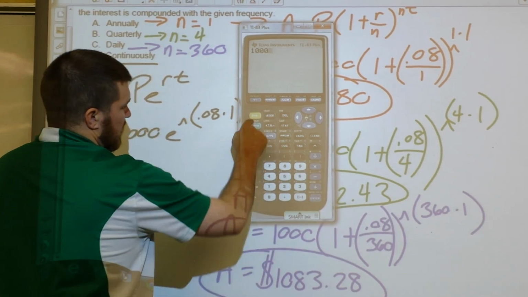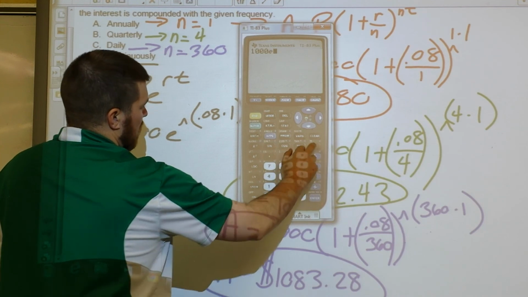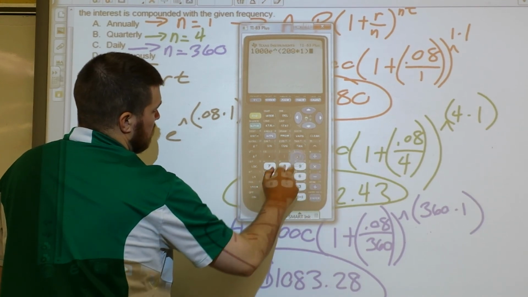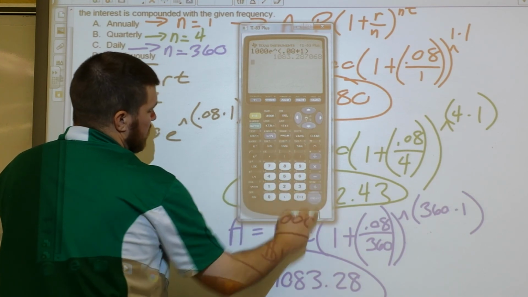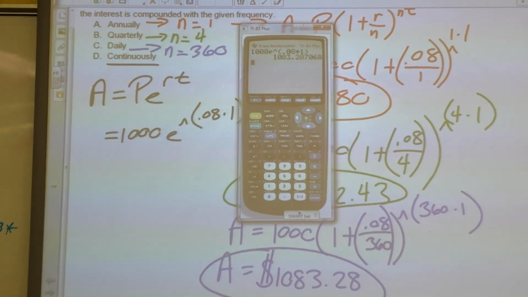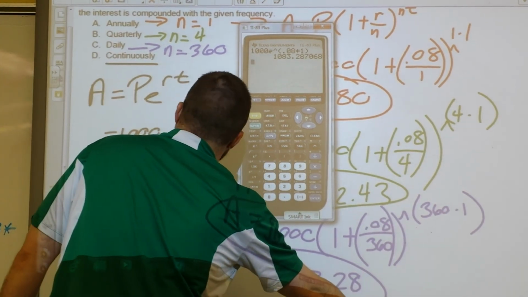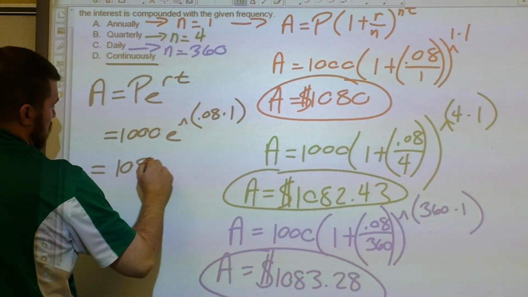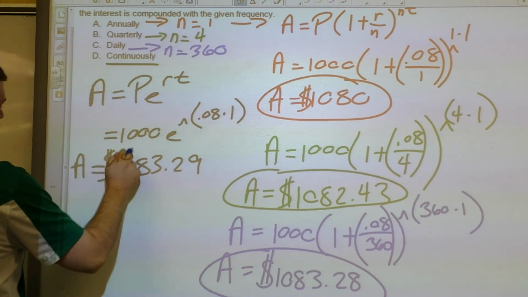Now to get to the E, you hit the yellow second button, and then the divide key, raised to, we have more than one thing, 0.08 times 1. Make sure you type it in correctly. If you make a mistake, fix it real quick. And then you get 1,083.29. And that's your final amount of money.